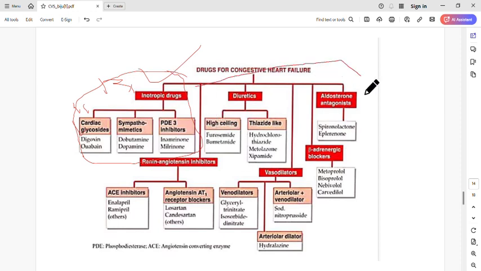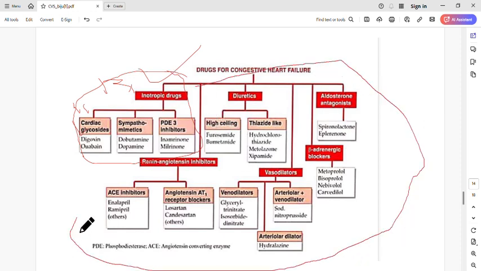The other group is compensatory drugs: loop diuretics like furosemide and bumetanide, thiazides like hydrochlorothiazide, aldosterone antagonists, beta 1 blockers like metoprolol and bisoprolol, then vasodilators, venodilators and arterial dilators, and ACE inhibitors, meaning angiotensin converting enzyme inhibitors.